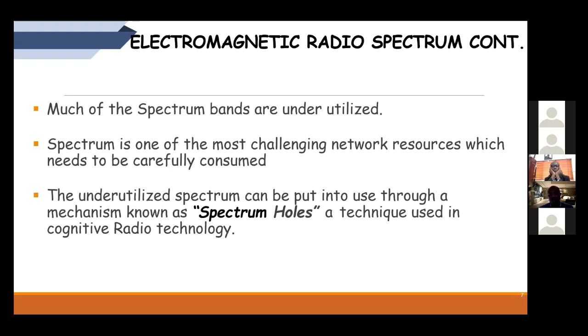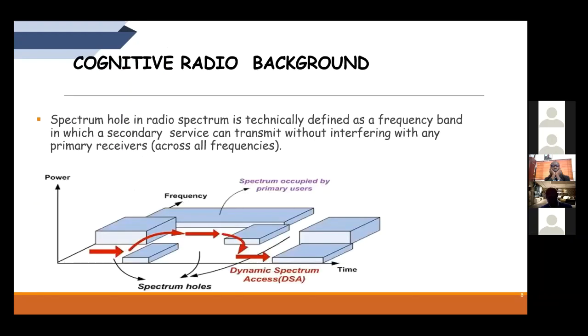So this is where the issue of cognitive radio comes into play, because cognitive radio has a lot of capabilities, a lot of intelligence, is very reprogrammable, and has the capacity to change its environment and utilize spectrum, which under normal circumstances is supposed to be used by the licensed operator, but it's not being used.